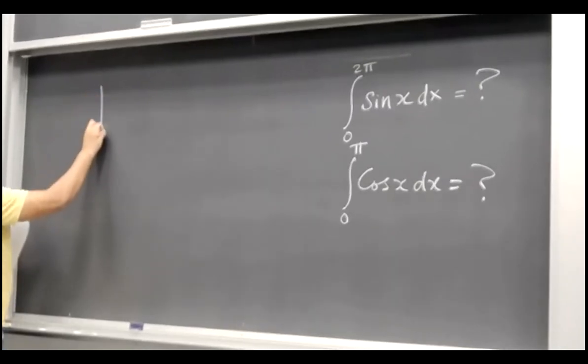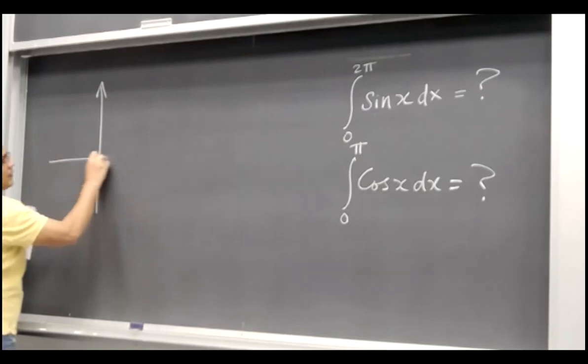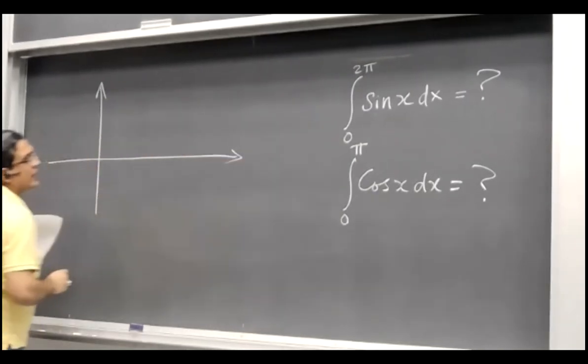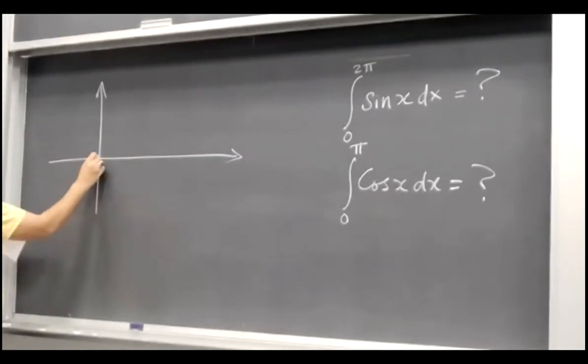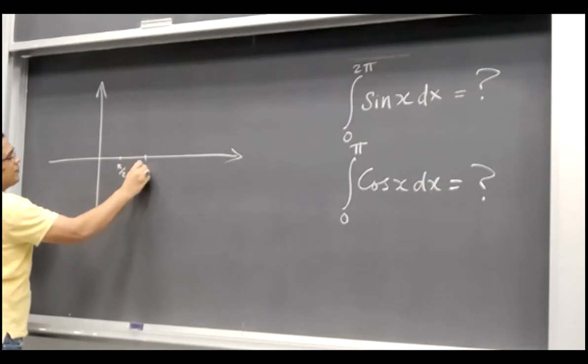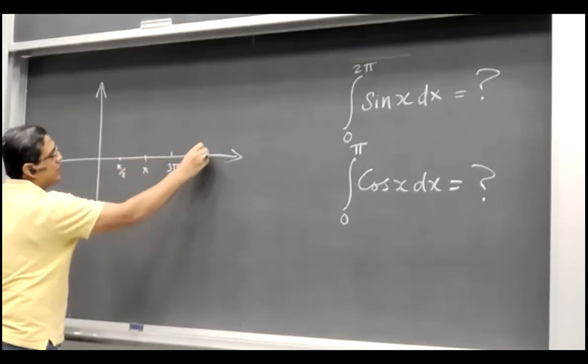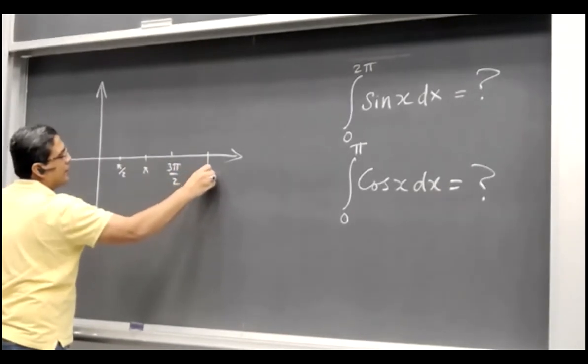So see this. Sine starts at 0, and at pi by 2, pi, 3 pi by 2, and 2 pi, right?